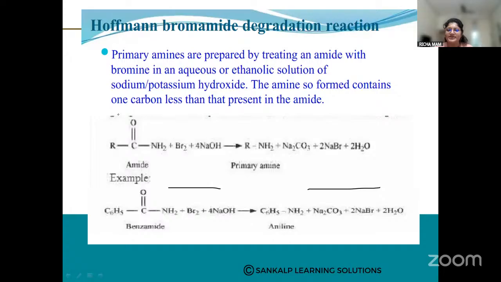In the product, the amine so formed has one carbon less as compared to the parent amide. So only primary amines can be prepared from the Hoffmann bromamide degradation reaction.